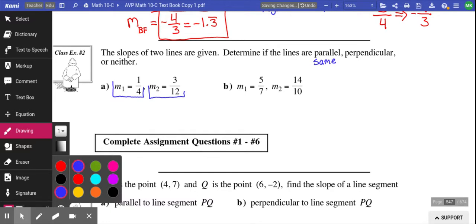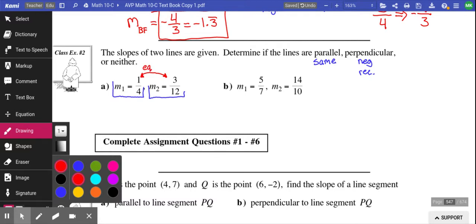Second check would be, are they perpendicular? Perpendicular would be the negative reciprocal. I know this isn't the negative reciprocal because 1 over 4 would turn into negative 4 over 1. So my initial thought is that it's neither. However, what I didn't consider was that these two fractions might actually be the same.